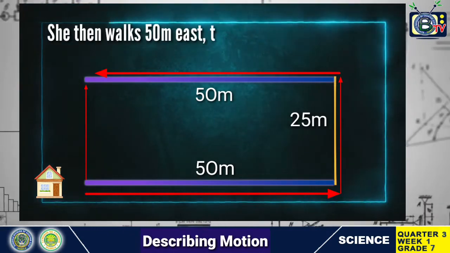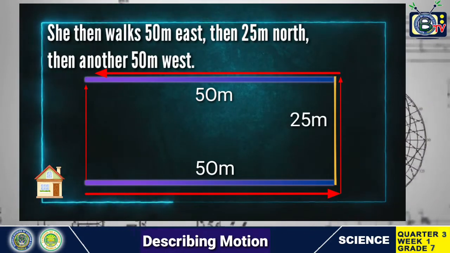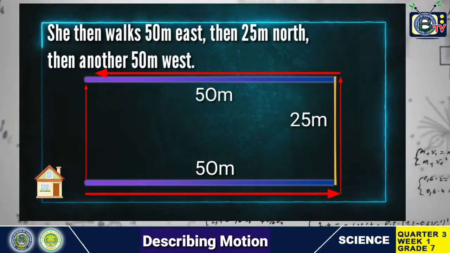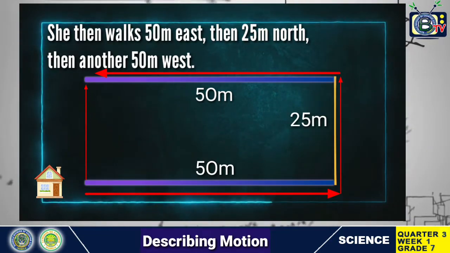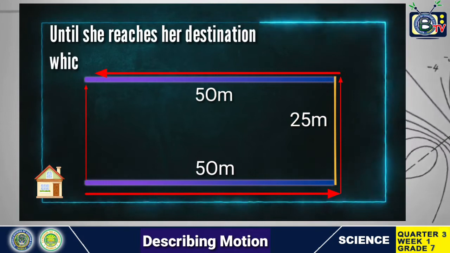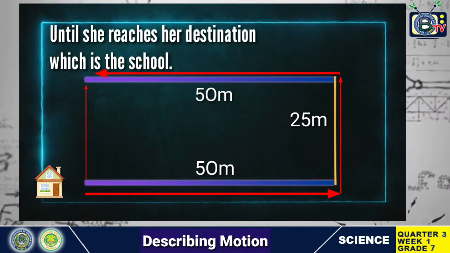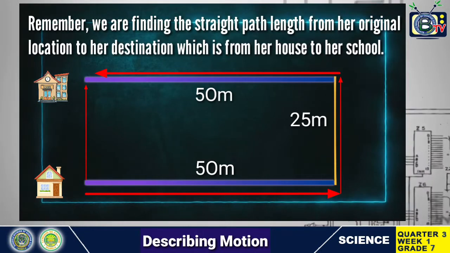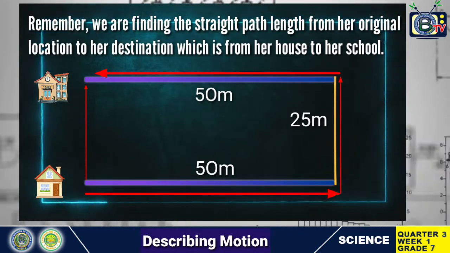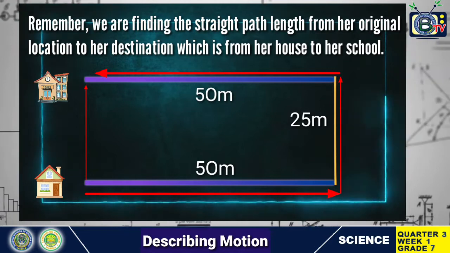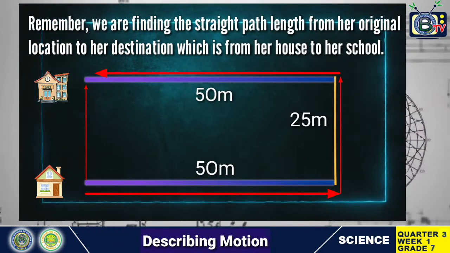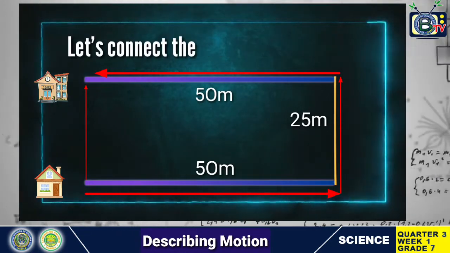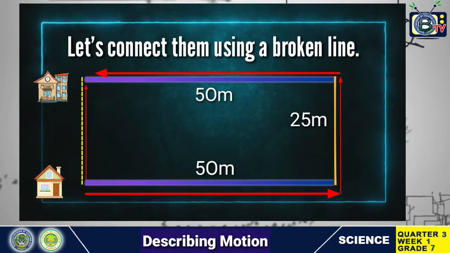She then walks 50 meters east, then 25 meters north, then another 50 meters west, until she reaches her destination, which is the school. Remember, we are finding the straight path length from her original location to her destination, which is from her house to her school. So, let's connect them using a broken line.